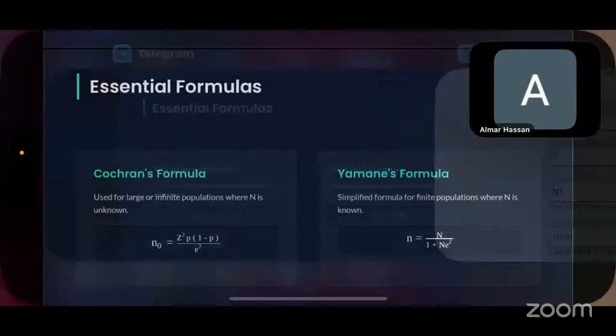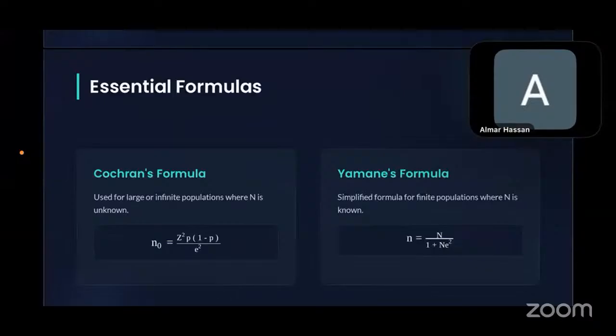So the difference between these two formulas is, one is if you don't have a population size, right? You don't know. Example, let's say India, where the population is wide and big, or let's say Saudi Arabia. You're not entirely sure about the number, right?